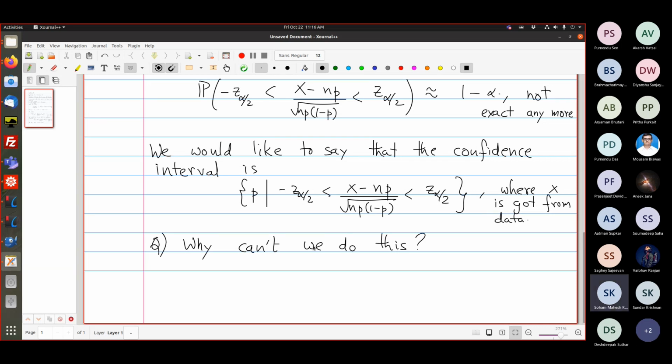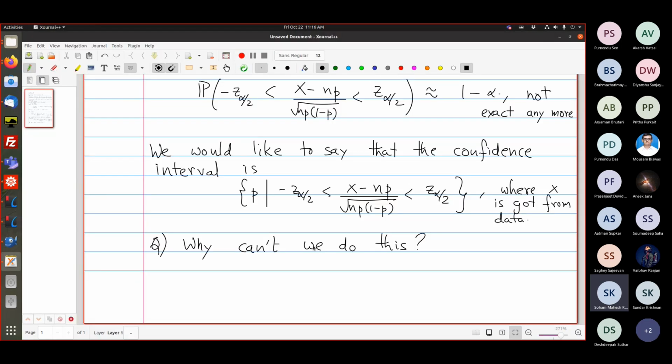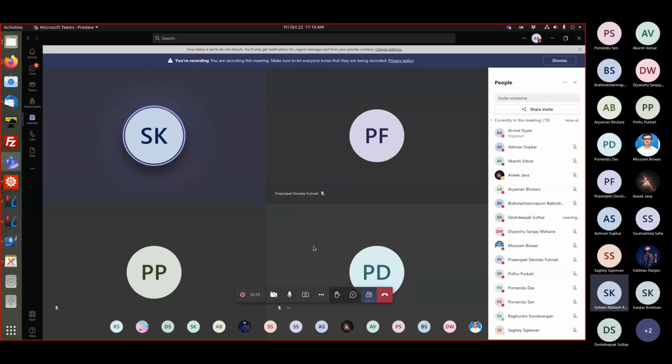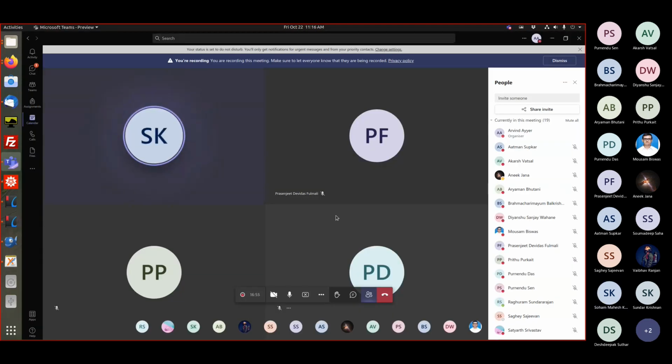Because p is in the denominator as well as the numerator, so we will have to separate out the p. If we square it, then we would just get a one-sided inequality, that it would be less than z alpha. No, there are inequalities on both sides. No, you are close to the right answer, but not quite.